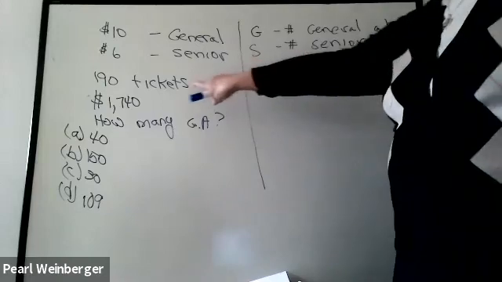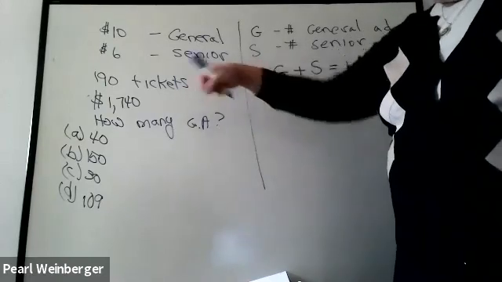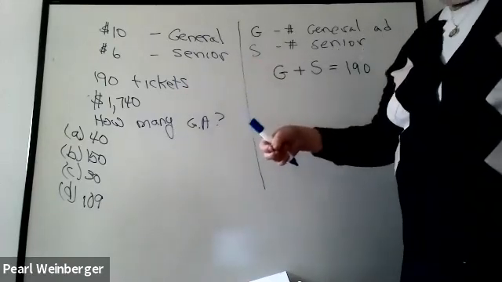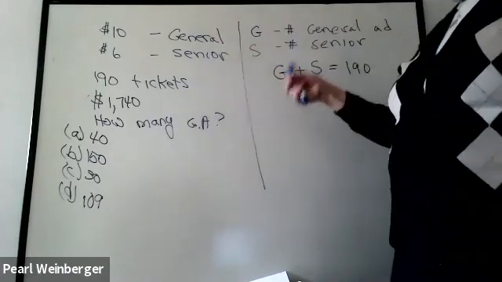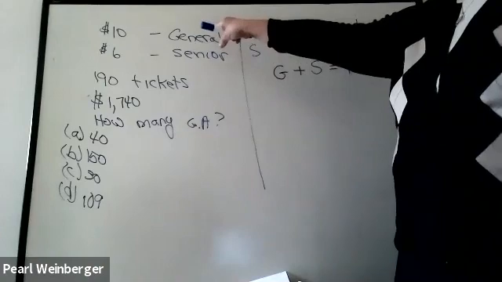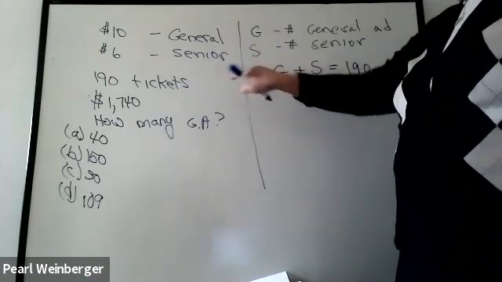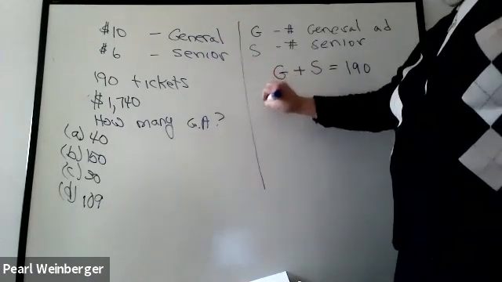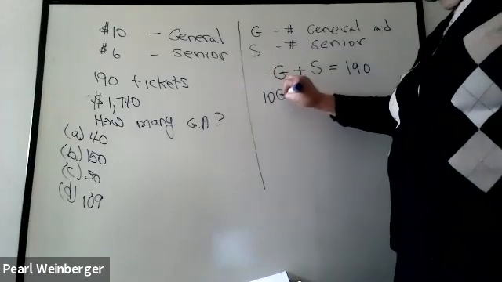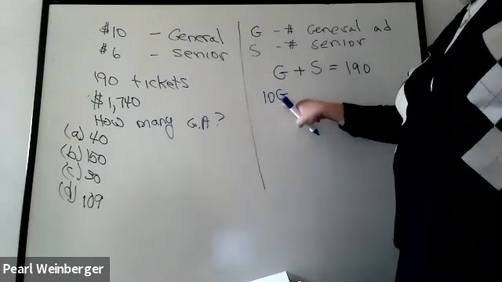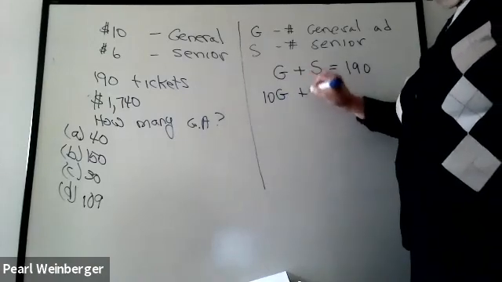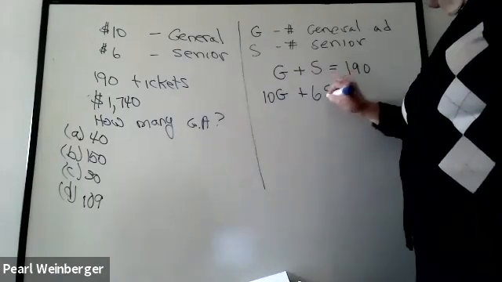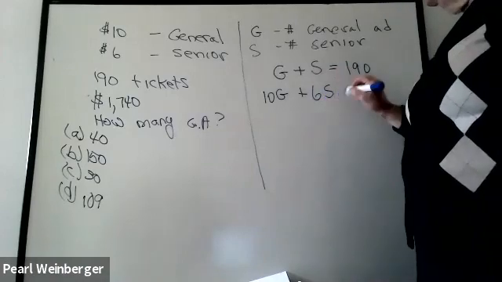Our second bit of information told us how much money altogether it sold for. Now we have to include not only how many, but the price. So for the next equation, we do 10G, that's $10 times the number of general admission tickets sold, plus 6S, that's how much they got from the senior tickets.